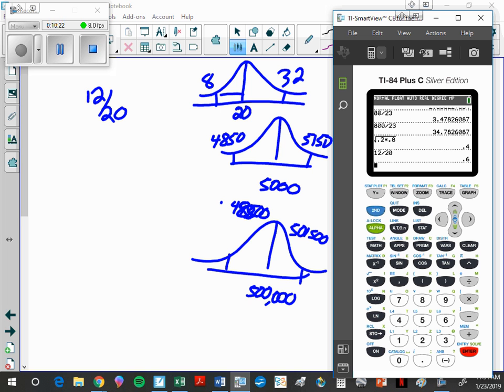Now, this is a distance of 12, and this is a distance of 150, right? So in absolute terms, this is more spread out. It's minus 150 and plus 150.